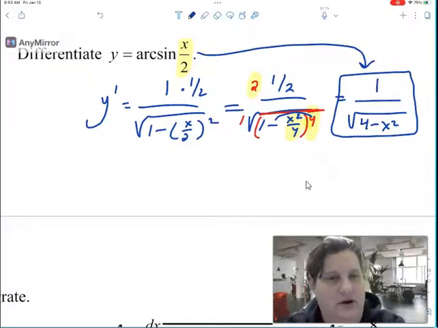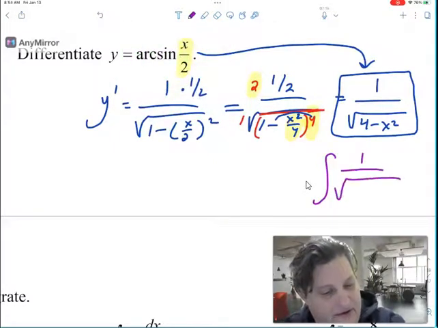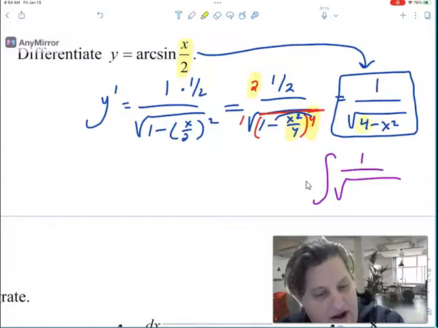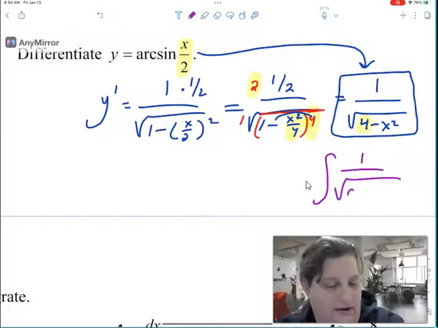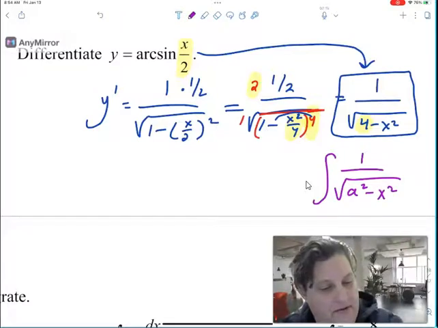So what this is showing us is that if I want to go backwards, and I integrate something, and let's say there's a number instead of a 1 there, let's call it an A or whatever. Okay?